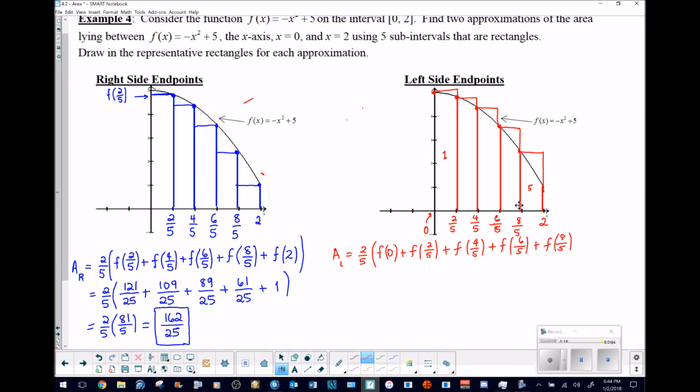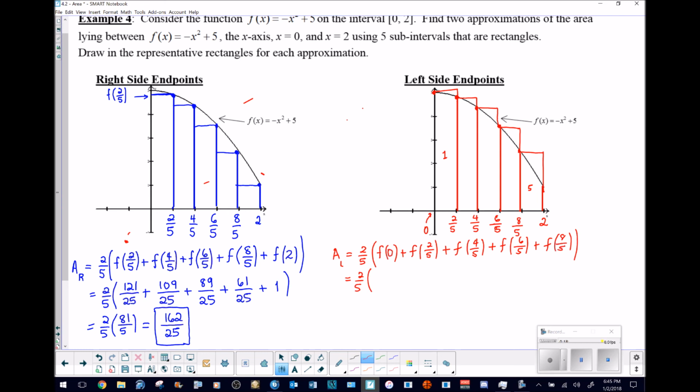And as you can see, much of the work has already been done for us when we evaluated the right endpoint. Now, sure, we don't have f of 0, but we won't need a calculator to compute f of 0. We can just go up to this function here and let x be 0, and we, of course, get 5 for the result.